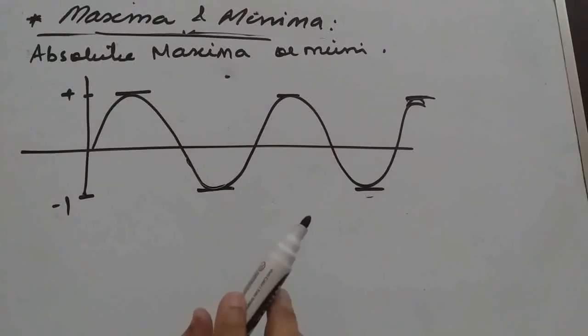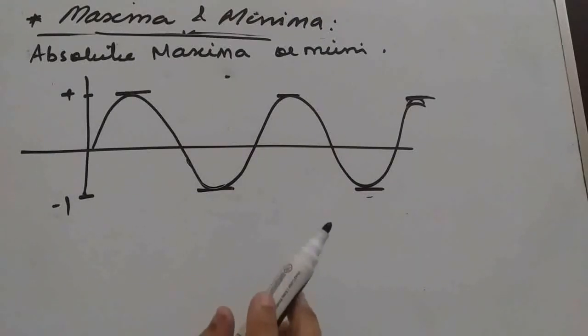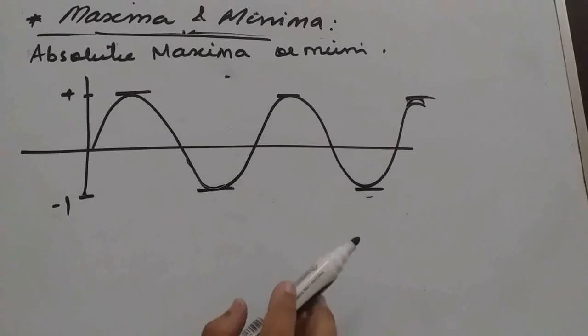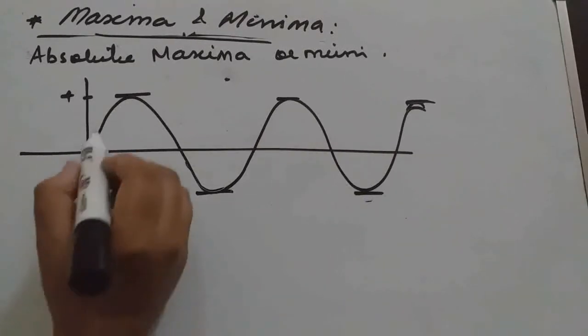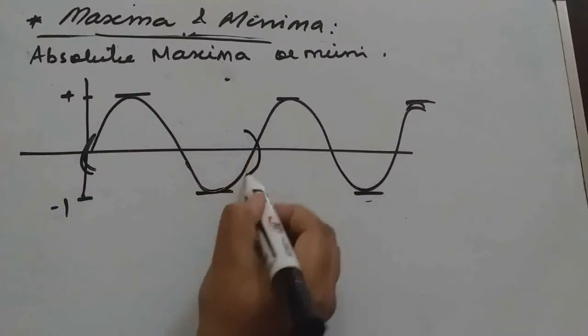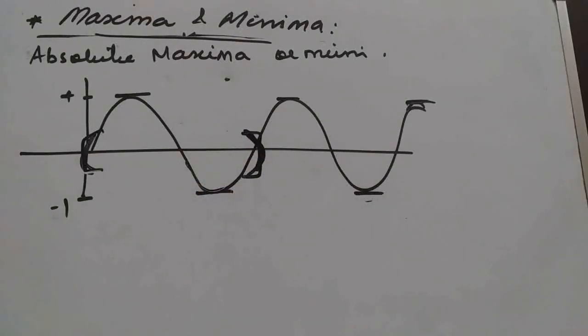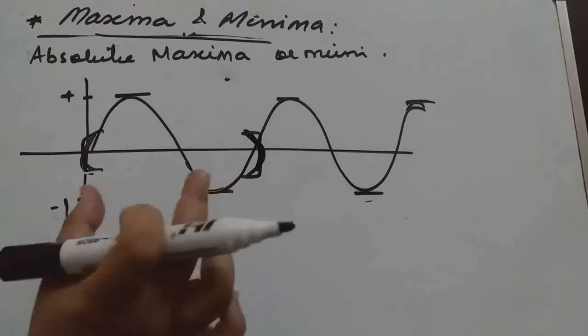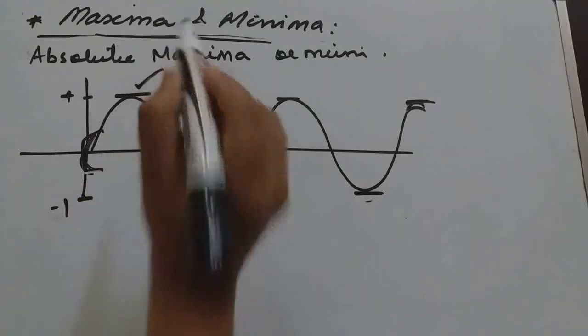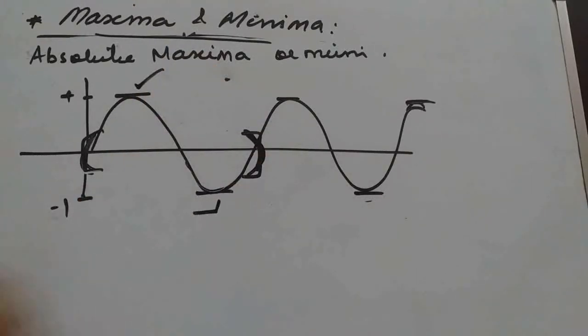Now to get the absolute maxima or minima for this particular function we can restrict the domain. Suppose closed interval 0 to 2 pi if we consider, that means only this much. So for this function only one maxima and only one minima will be there.